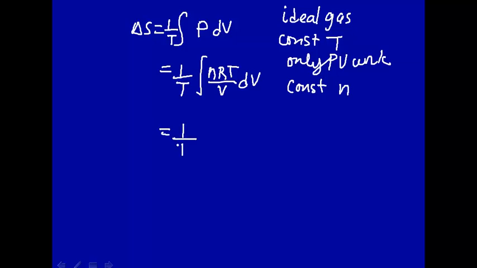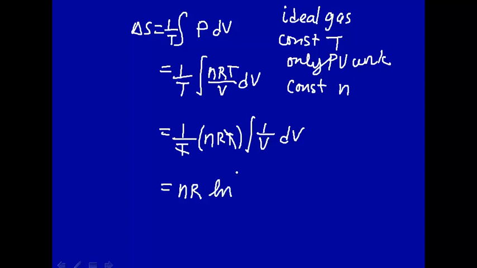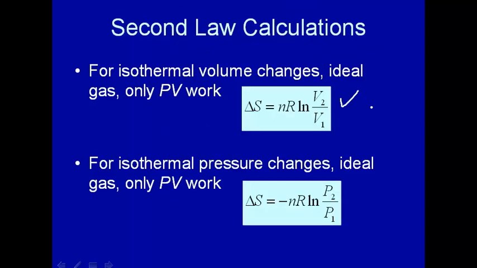This will be 1 over T. We're pulling n and R out, and T is constant T, we can pull that out. So this will just be nRT, the integral of 1 over V dV. Note how the T's cancel out. So this is just equal to nR. Integral of 1 over V is just natural log final volume over initial volume. And that's where we get that equation.